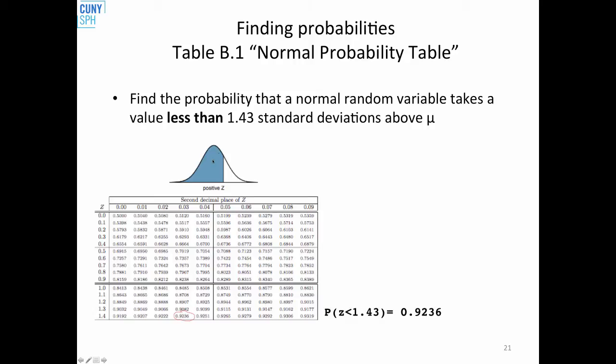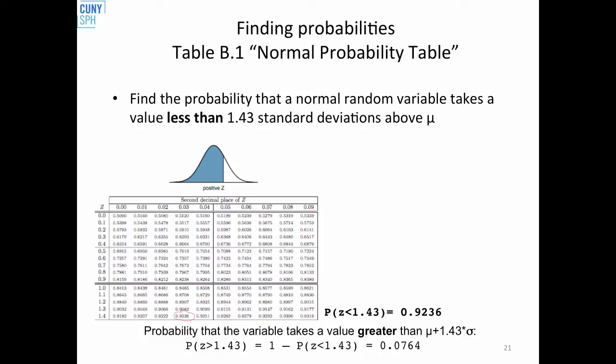Using this nice picture that they give us here, it shows that the area to the left of this particular value of z is 0.9236. So this probability is 92.36% that a normal random variable takes a value less than 1.43 standard deviations above the mean.